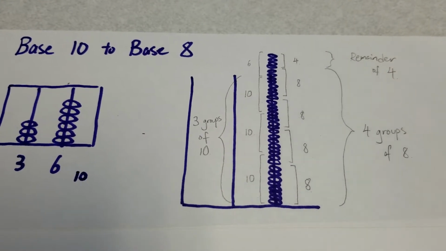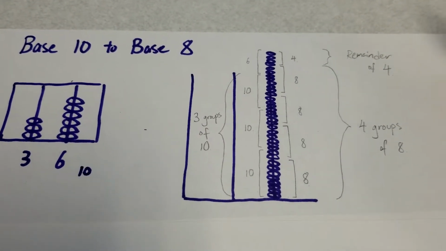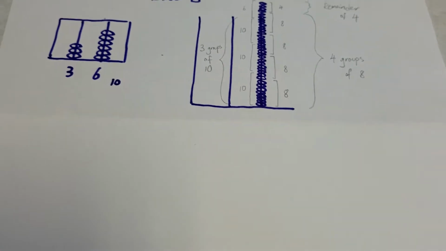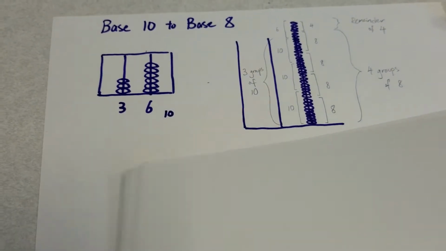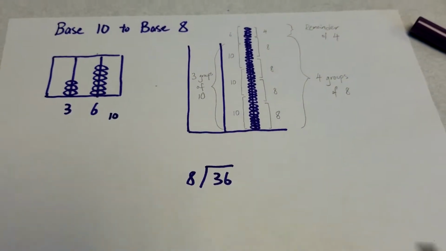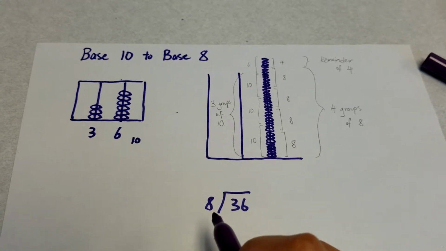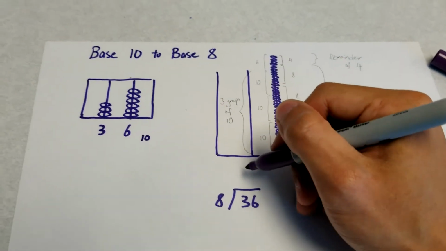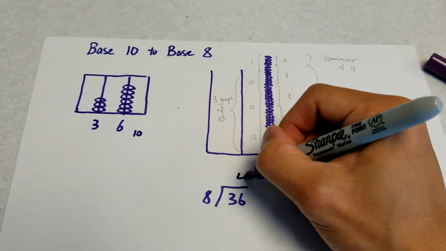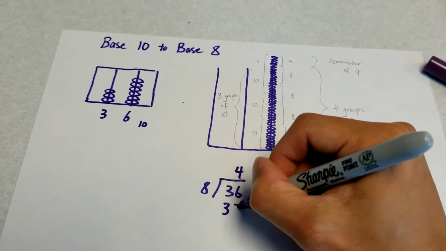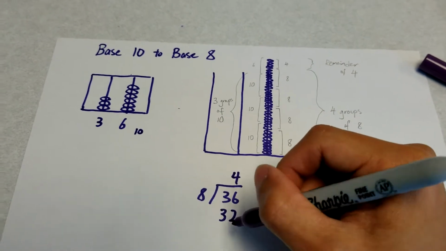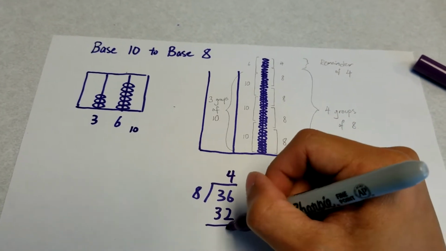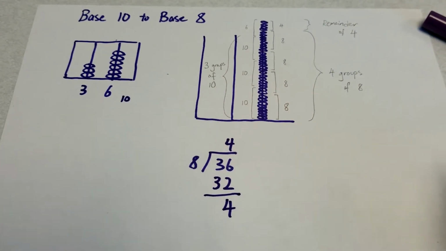So if we want to do this with just the numbers, we're going to use division. So we have 36 divided by 8. And let's do a division. So 8 times 4, you're going to get 32. And then you're going to have 4 as a remainder.